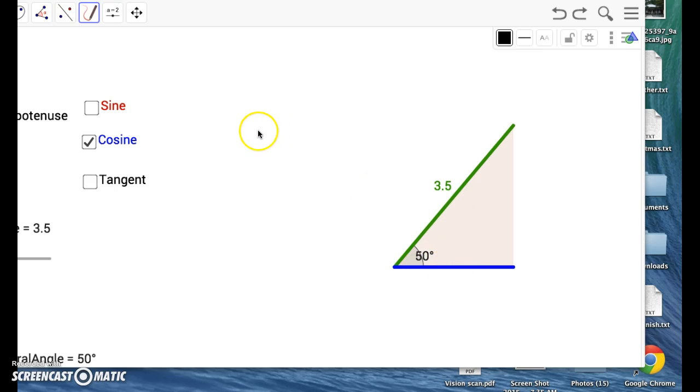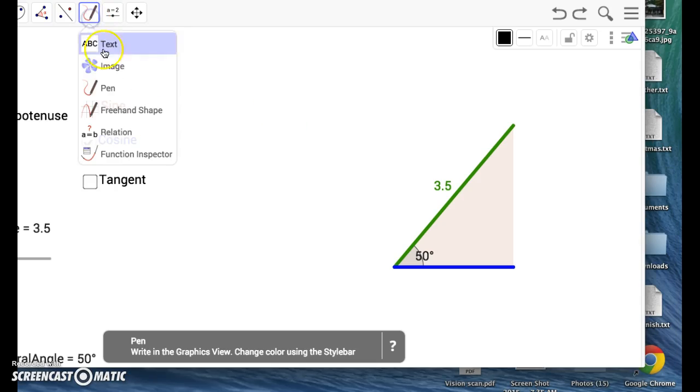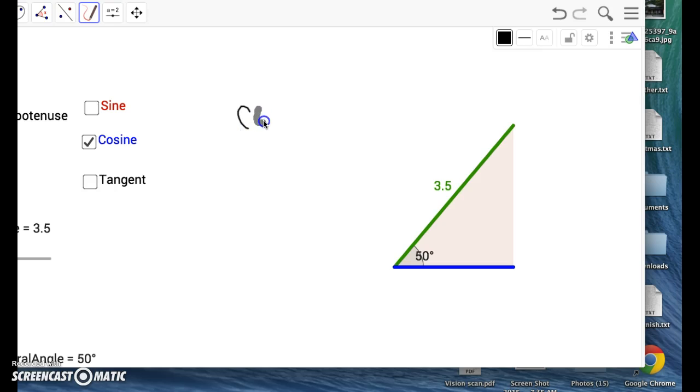You say the cosine of 50 degrees is adjacent, which we're going to call x, we don't know, divided by 3.5.